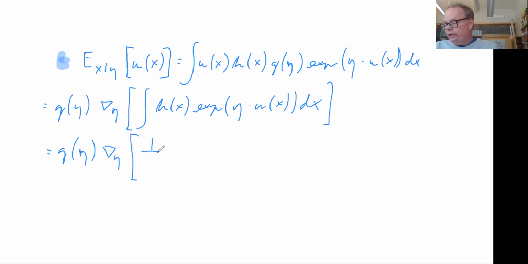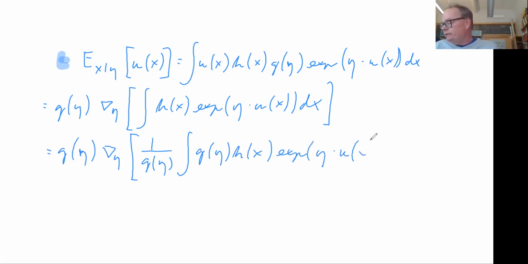So this is correct, and then you can write this as g of eta and the gradient of, now this is just a rewriting, 1 over g of eta times the integral, and then you have g of eta h of x exponent of eta times u of x dx. The only thing I've done here is to add this g here and here.